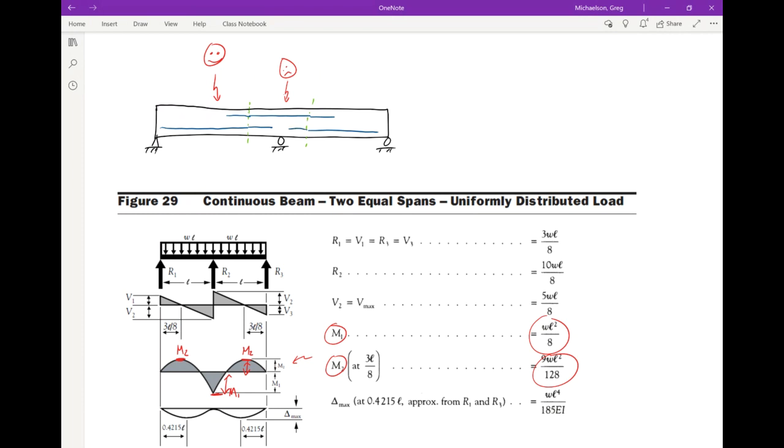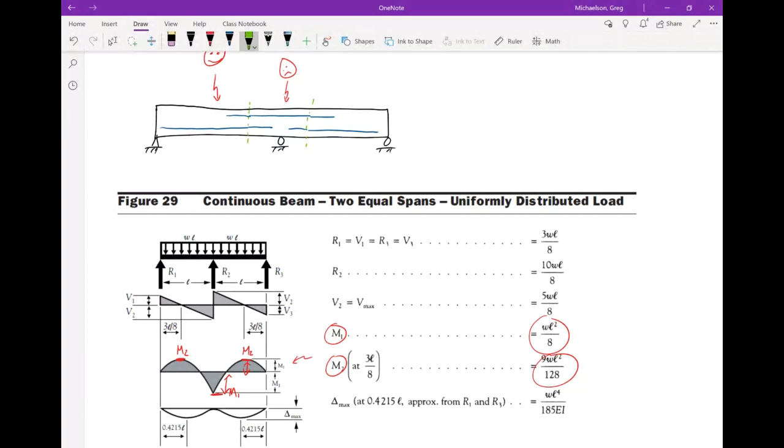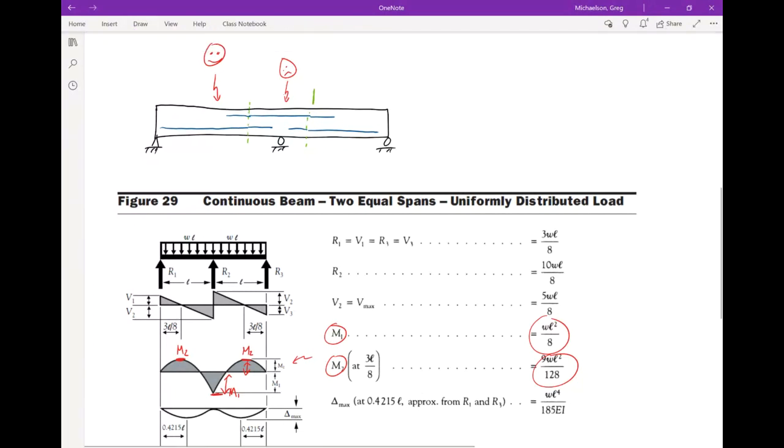I'm curious, does anybody in chat know how much further you think we extend it? Like if those green dashed lines are where we actually need to stop the rebar based on the moment diagram, we extend it out a little bit further. How far out do we extend it?